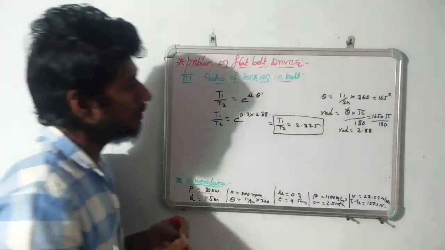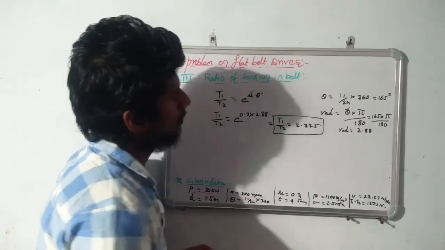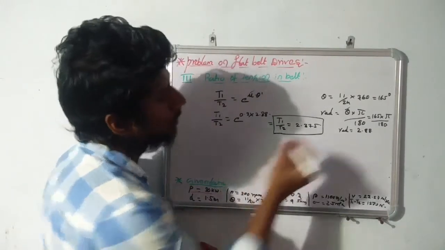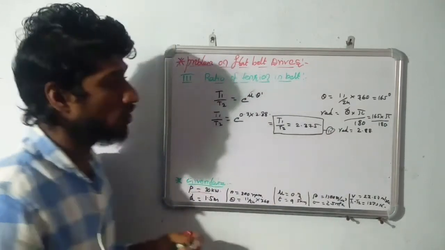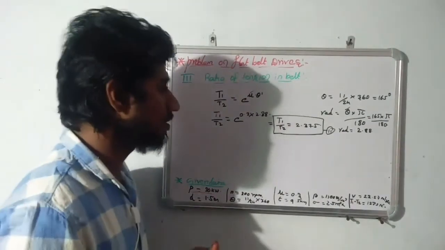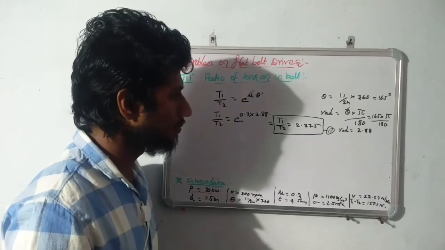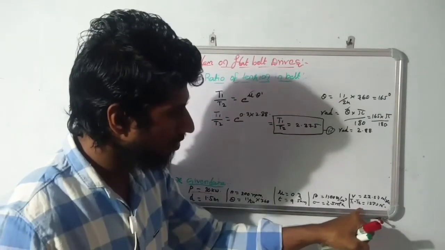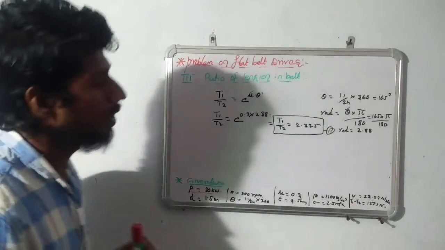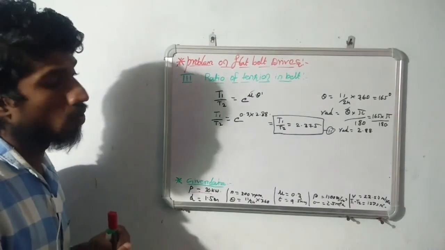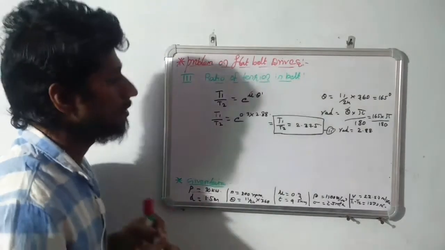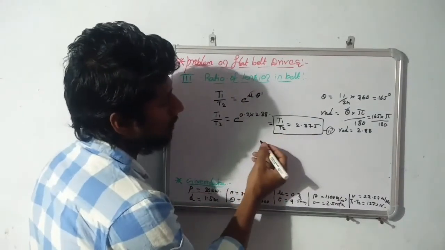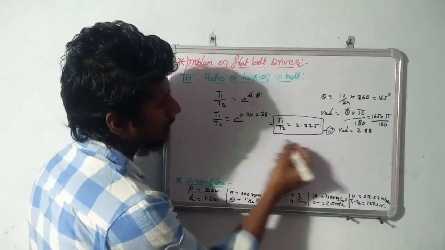So using these two values, ratio of tension in tight side and tension in slack side, and as well as T1 minus T2, we are going to find out what is the tension in tight side and the tension in slack side.